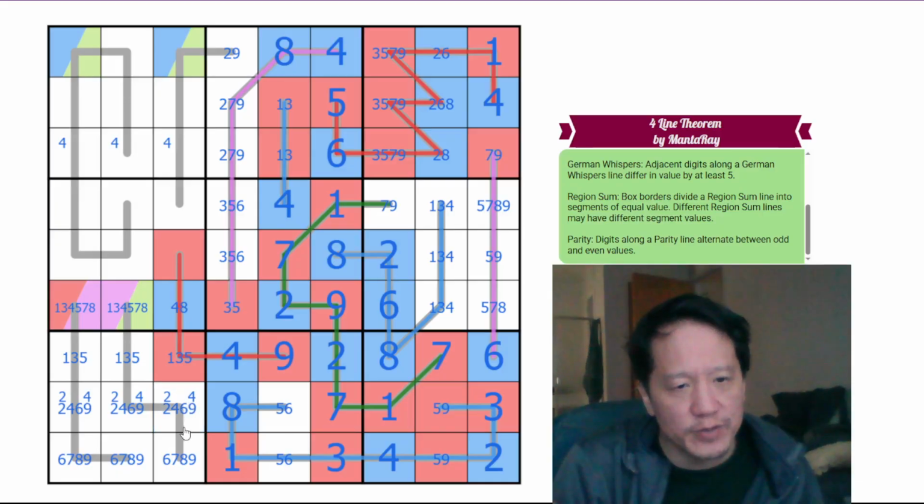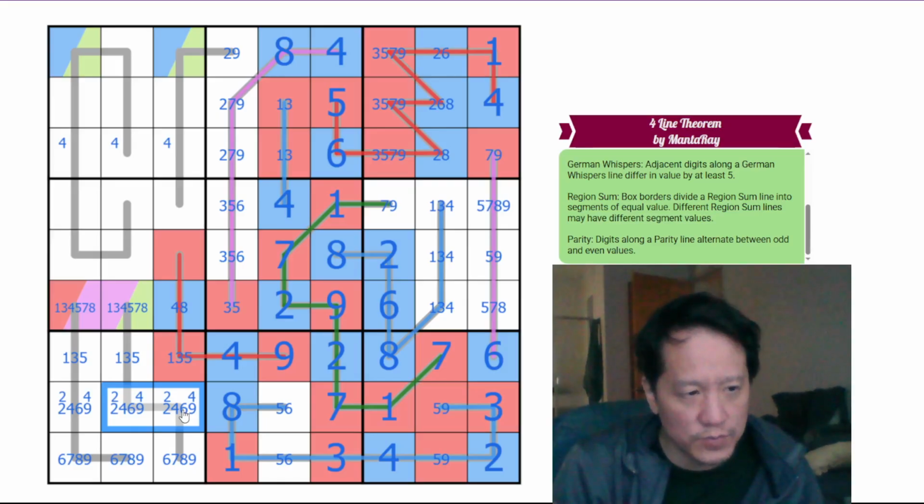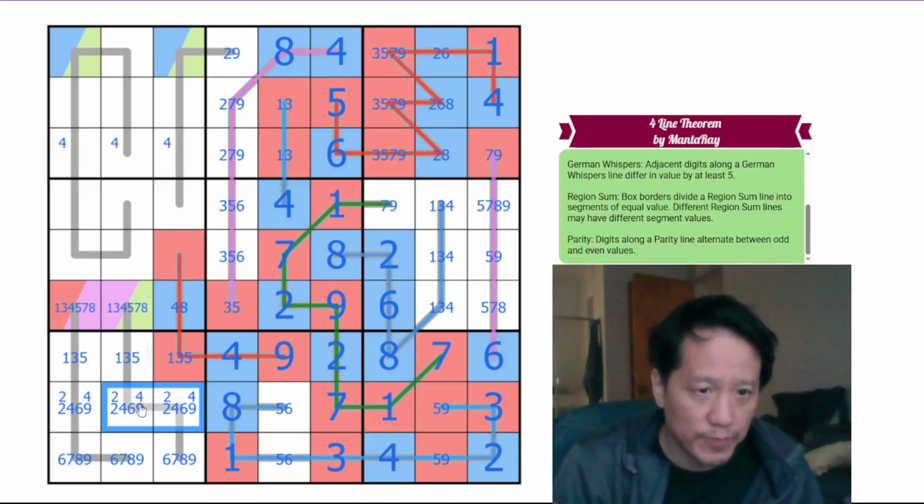So this would have to be a 2. That could work. Or it's a Renban, and this would have to have a 4 and a 5, which could also work. It could be 2 and 4.